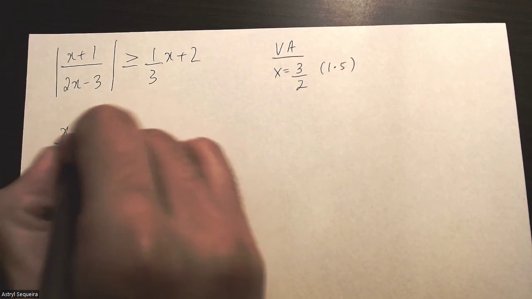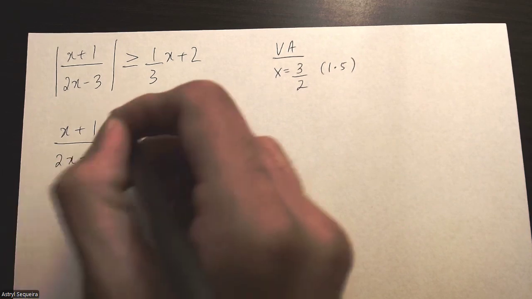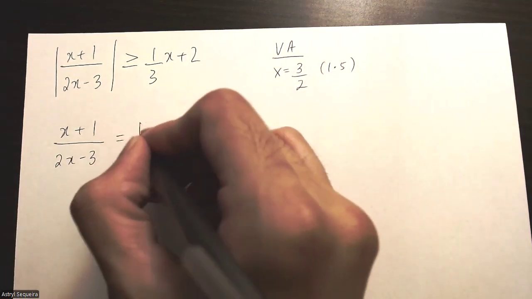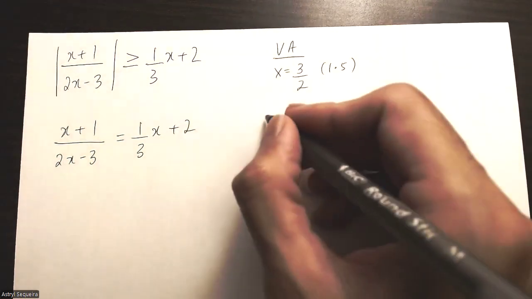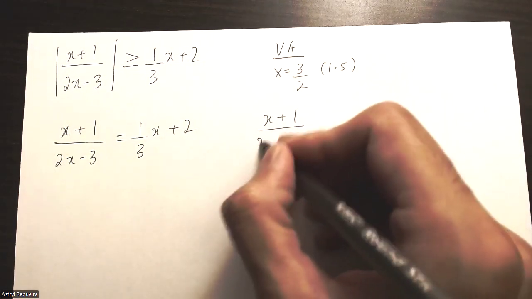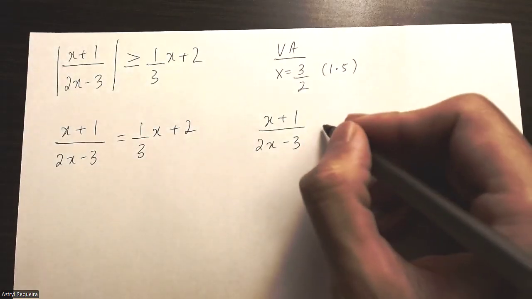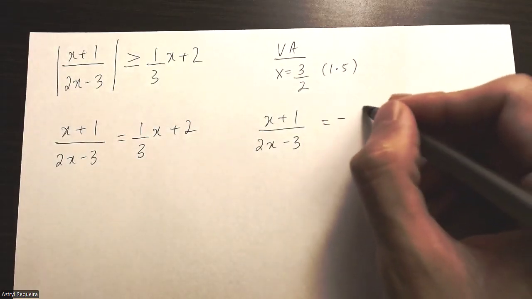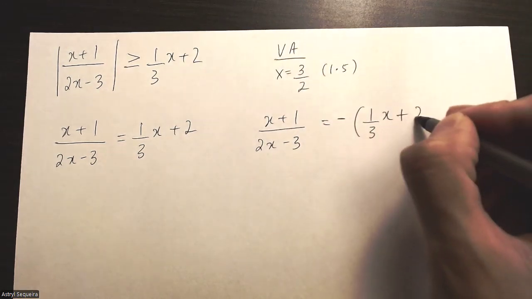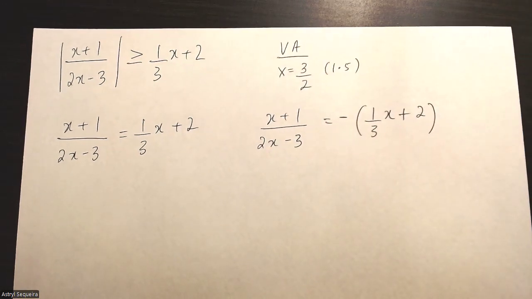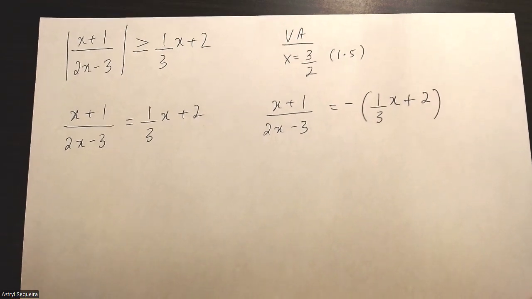For the positive equation, I'm just going to write it exactly the same, but with an equal sign. And for the negative equation, I'll write this side exactly the same. On the other side, I'll put a negative sign outside the bracket over here, and then I'll have to solve that as well.